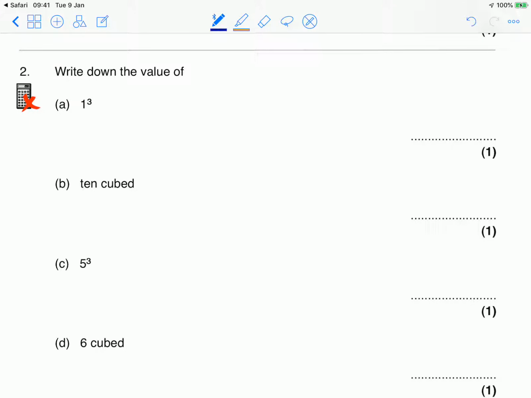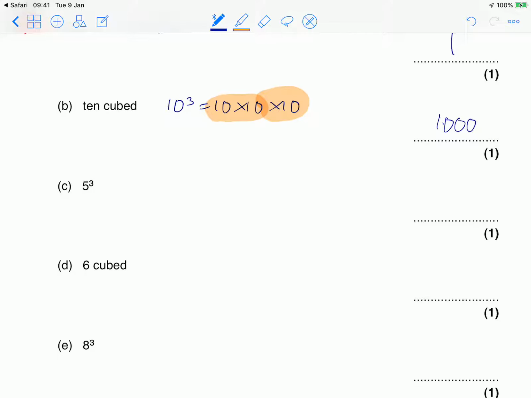Question 2, write down the value of 1 cubed. That's going to be the same as 1 times 1 times 1. 10 cubed, that's going to be the same as 10 times 10 times 10. 10 tens make 100. 100 times another 10 makes 1,000. 5 cubed, 5 times 5 times 5. 5 fives are 25, times by 5 again makes 125. 6 cubed, 6 times 6 makes 36, times by 6 again.